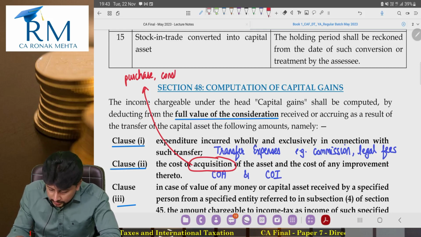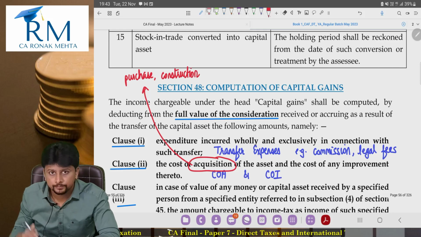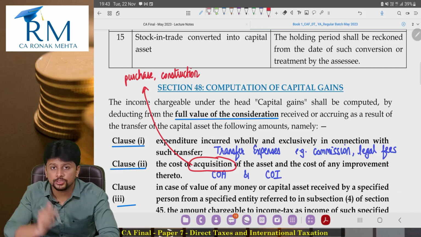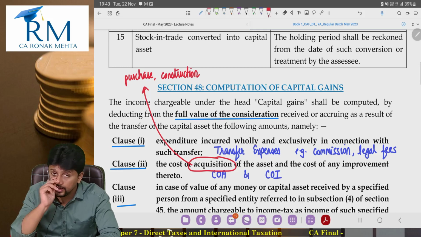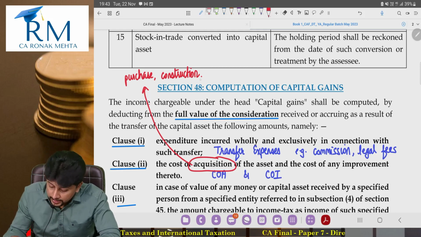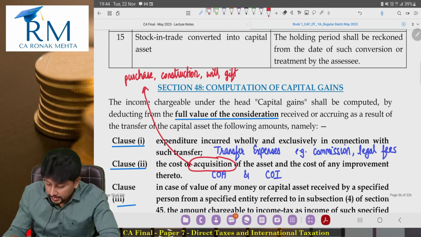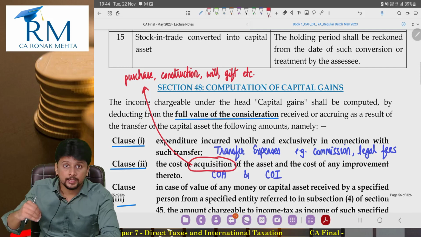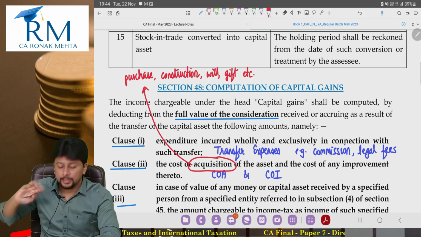If you don't purchase it but you get the capital asset constructed from scratch, that is also acquiring the asset. You can acquire it through will, you can acquire it by way of gift, you can acquire it by various modes. You are not purchasing it but you are getting it.